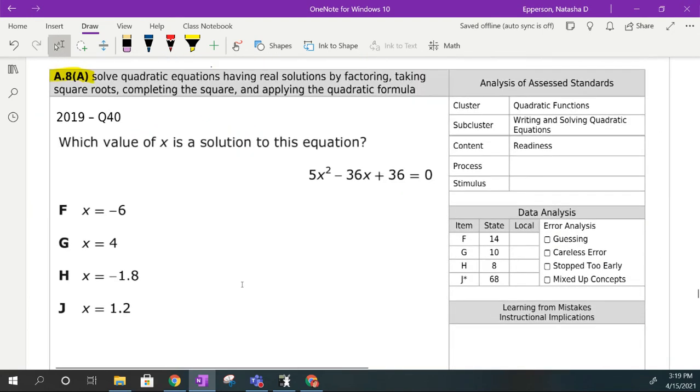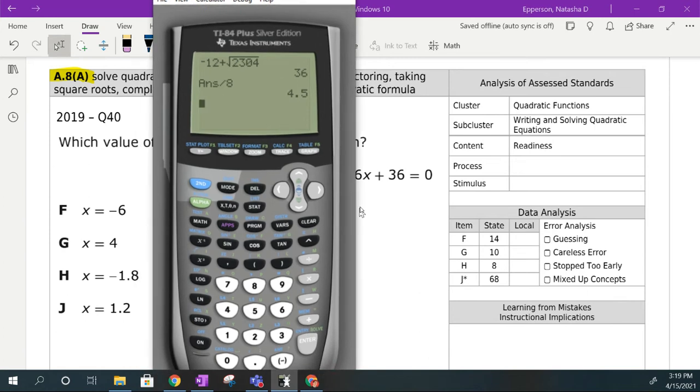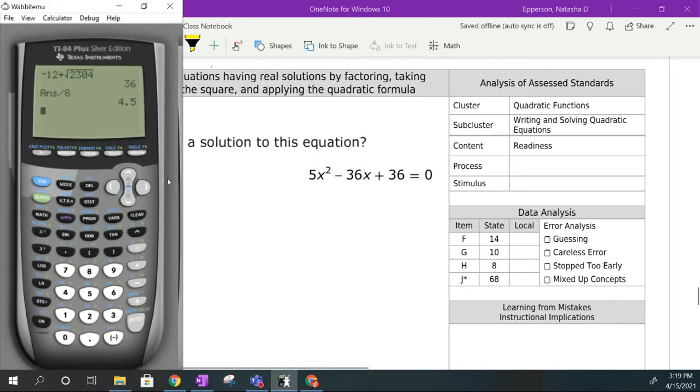All right, number 40, what is the x solution? What is the value of x in the solution to this equation given to us here? Again, I'm going to use my answer choices to determine this, and I am most definitely going to use my calculator. So I'm going to do 5x squared minus 36x plus 36.